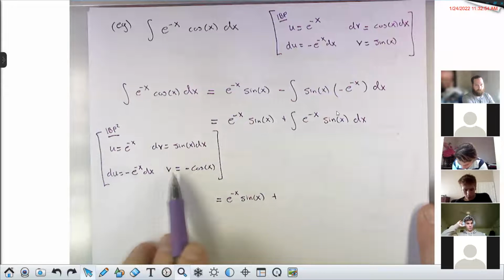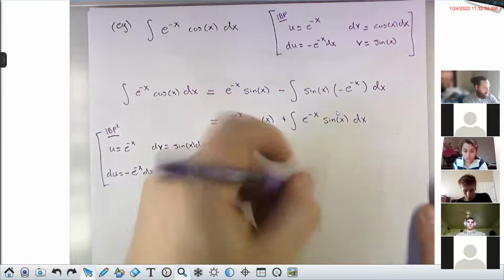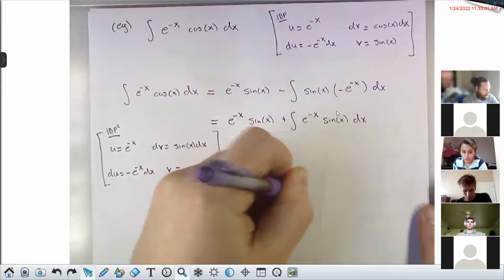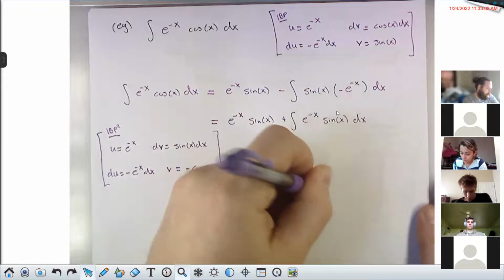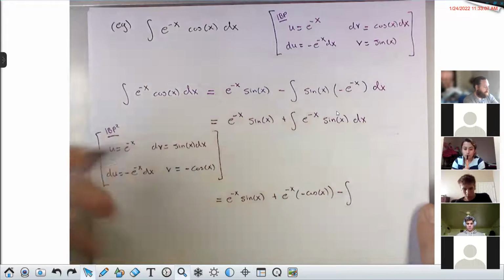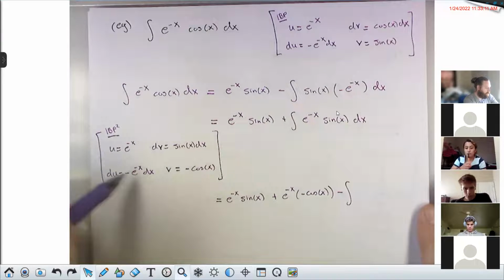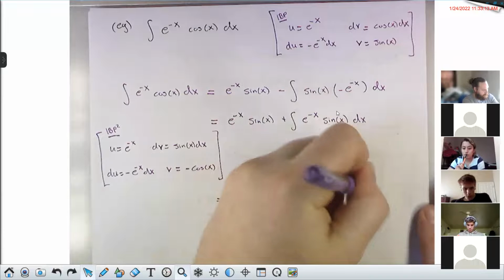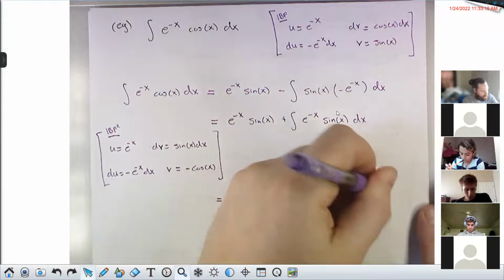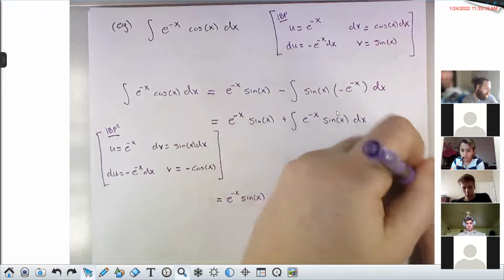So that's u times v, that's e to the negative x times negative cos x. And then we have minus the integral of v times du, and that's negative cos x times negative e to the negative x dx.